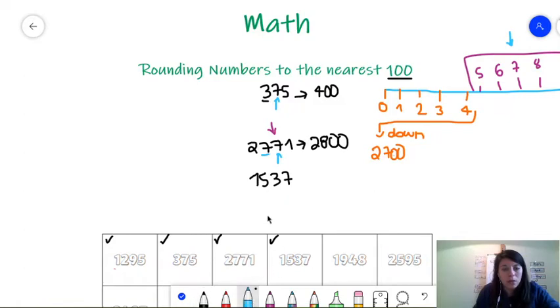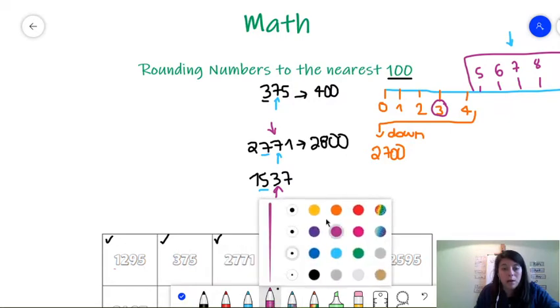First thing I do is identify the hundreds. It's 5, okay? The next thing that I do is identify the number on the right, which is 3, okay? If I look at my number, 3 is right here. Circle it, okay? 3 is right there, which means that it rounds down. Now I have to identify.